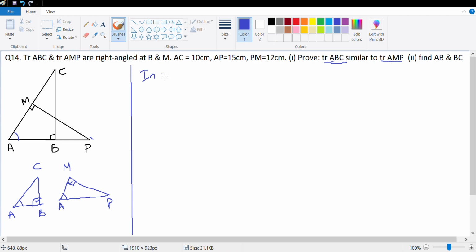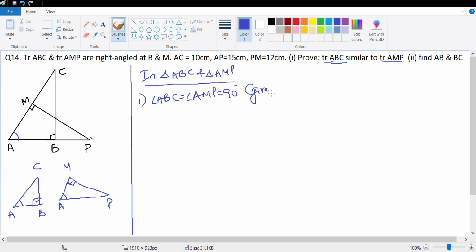Let's just write this down. In triangle ABC and triangle AMP, point number one, angle ABC is equal to angle AMP is equal to 90 degrees. This is given. And the second part is angle BAC is equal to angle MAP. This is the common angle.